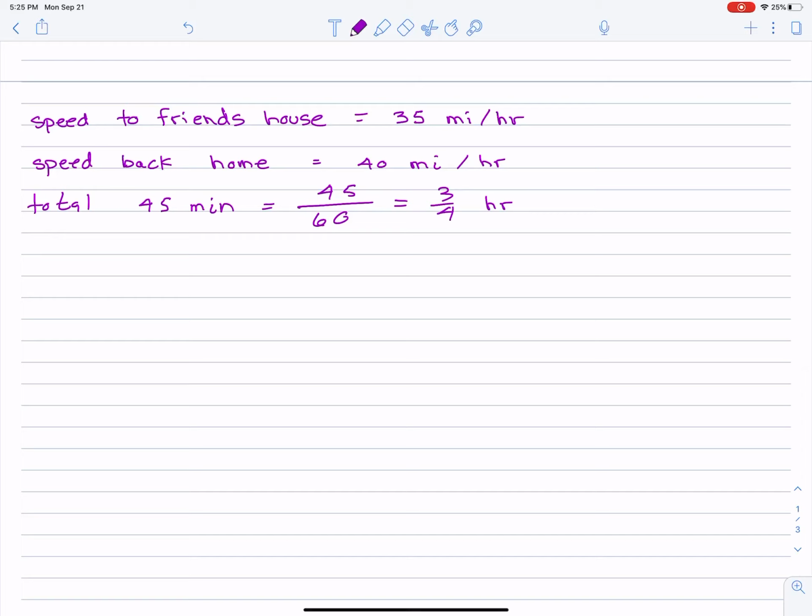Okay, so let's see what we can do here. We don't know how long it takes to get there or how long it takes to get back. The only thing we know is the whole round trip is 3/4 of an hour.